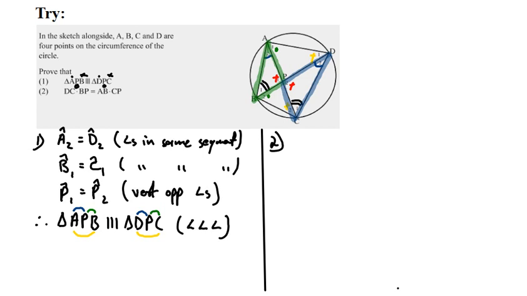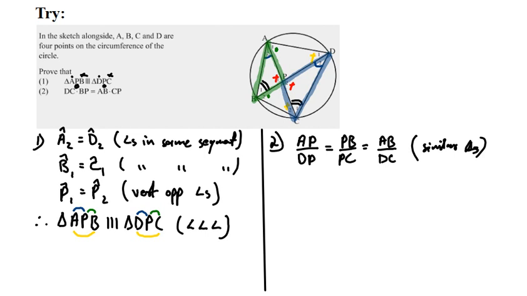So let's write those ratios. Therefore, AP over DP must be equal to PB, or BP if you like, over PC, and this must also be equal to AB over DC. And obviously, our reason is because we've got those two similar triangles.